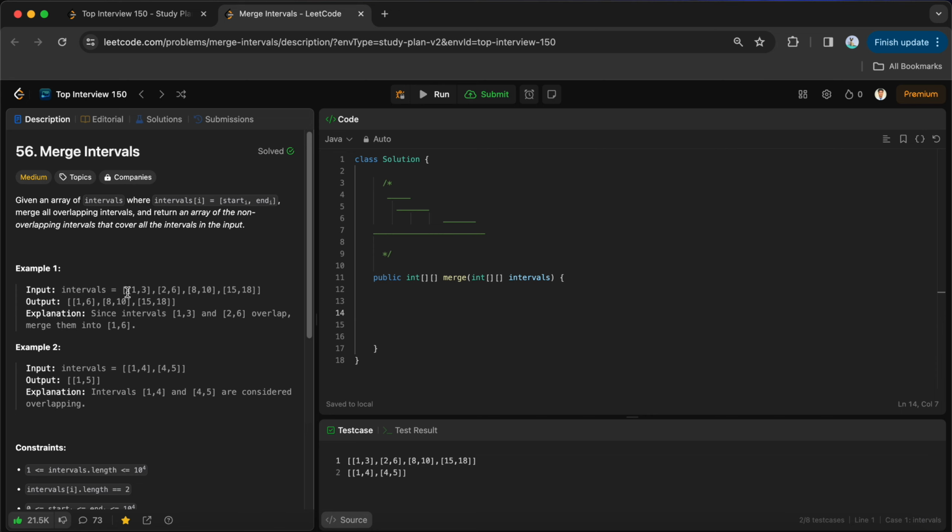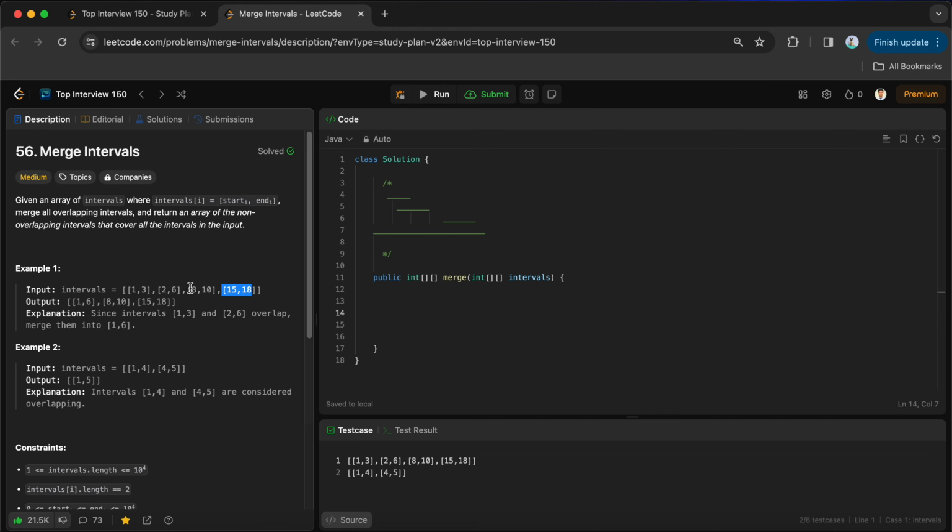So basically we have to merge the intervals which are overlapping each other. Like in this case, 1 to 3 and 2 to 6. 1 to 3 and 2 to 6 are overlapping, so the result is 1 to 6. So in the result we have to store 1 to 6. And in the second example, 8 to 10 is not overlapping with 15 to 18.